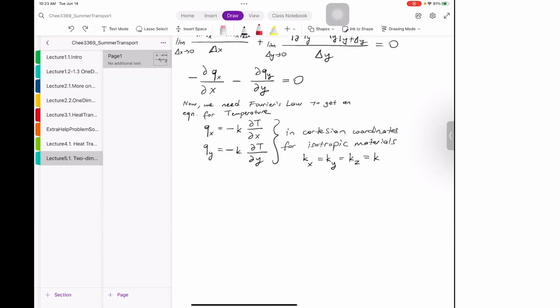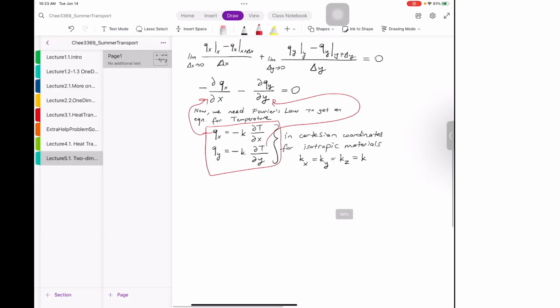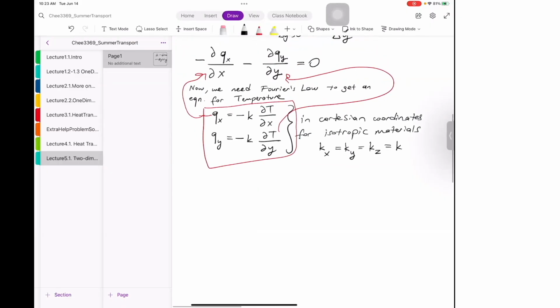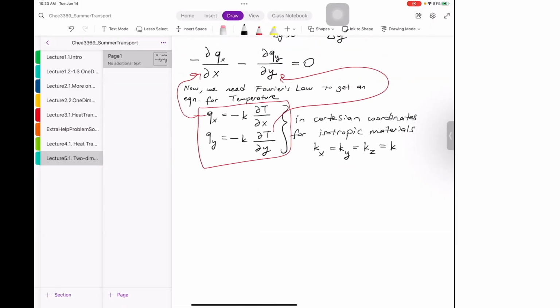So we're going to plug in these equations. Okay. And we get minus minus makes plus, k del square T over del x squared.